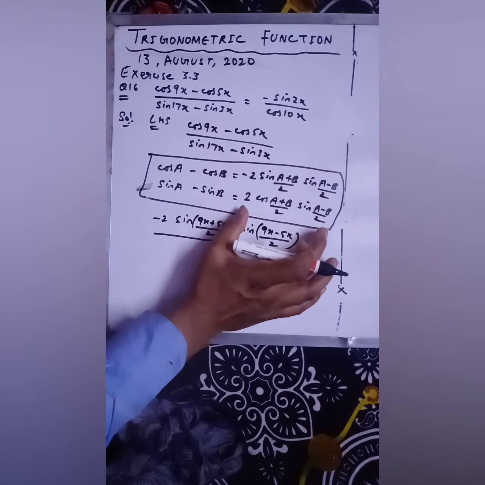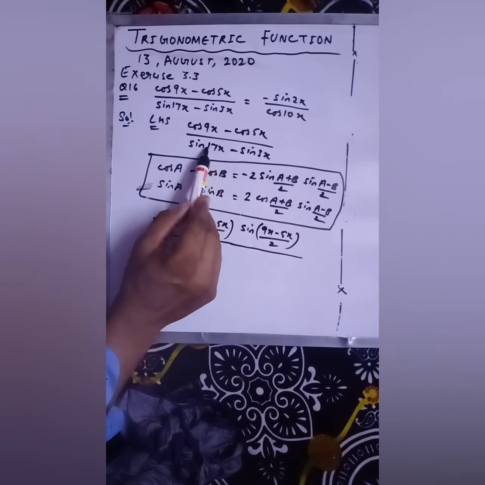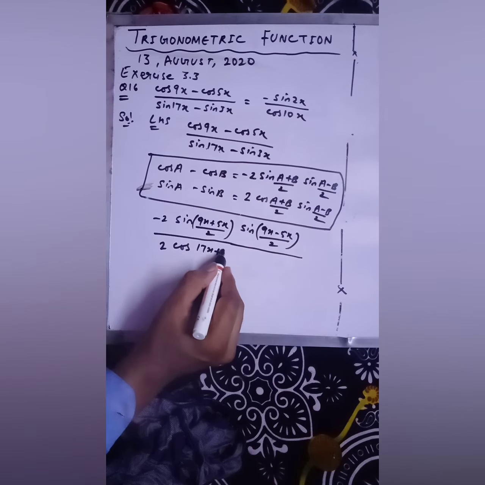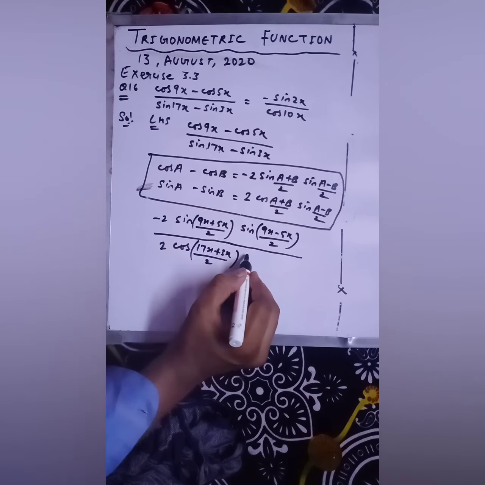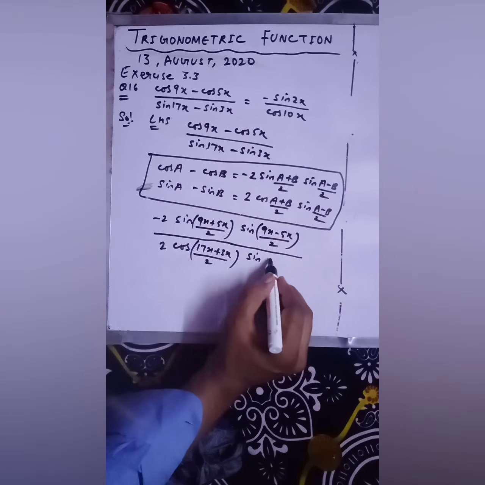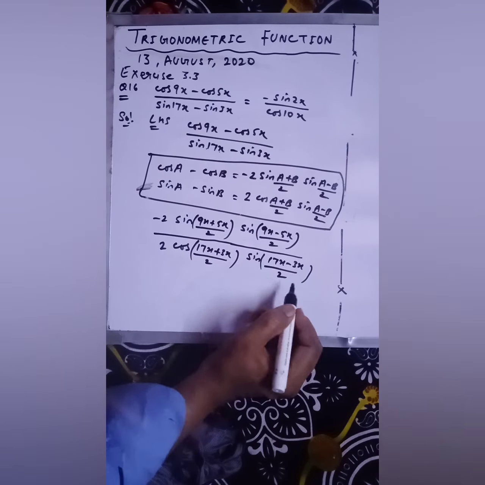And in the denominator you have to apply this formula. This would be 2 cos (A plus B). Your A is 17x, your B is 3x, so 17x plus 3x whole upon 2, and sin (A minus B) upon 2, that is 17x minus 3x upon 2.